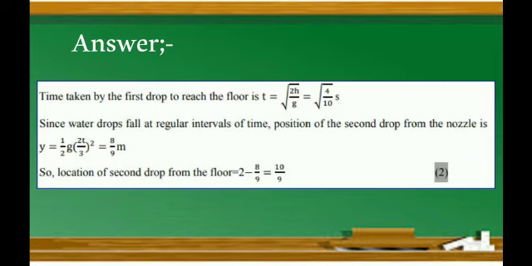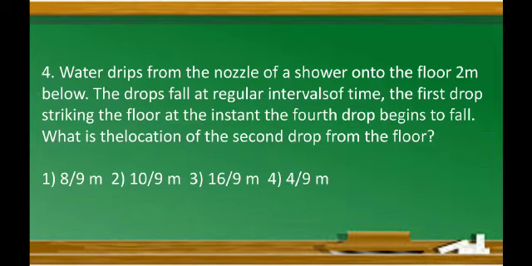So location of the second drop from the floor is 2 minus y, which is 2 minus 8 by 9. Then we get the answer as 10 by 9. Option 2, 10 by 9 meter.